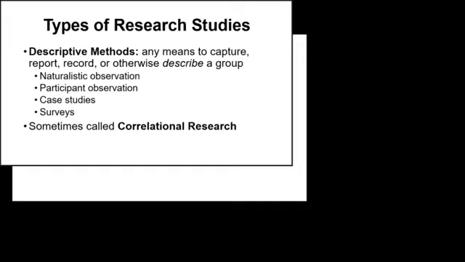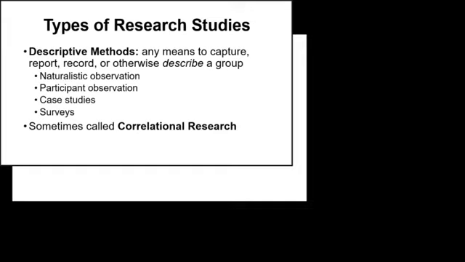You'll sometimes see descriptive methods and correlational research used pretty much interchangeably, but I find that's not entirely accurate. The descriptive methods is just saying that we're describing these groups. Correlational research is specifically looking at making comparisons, looking at the relationship between two or more variables.